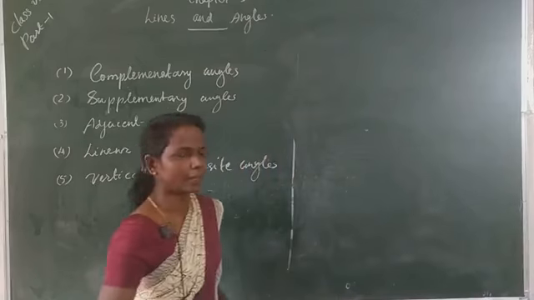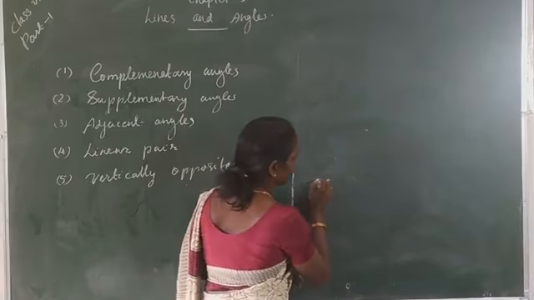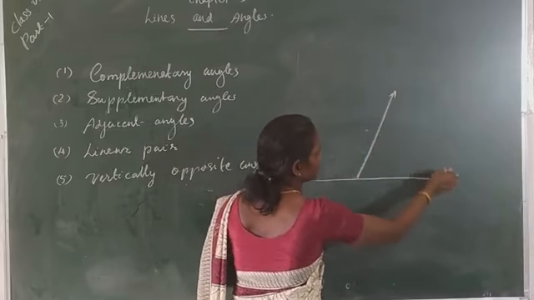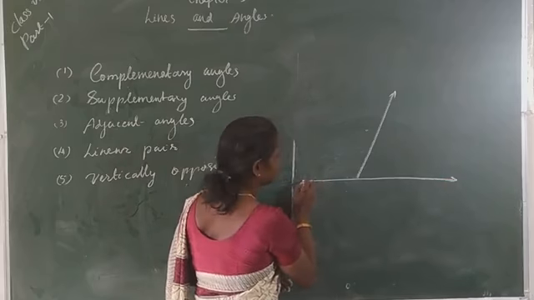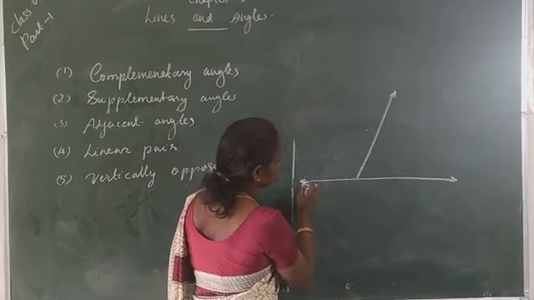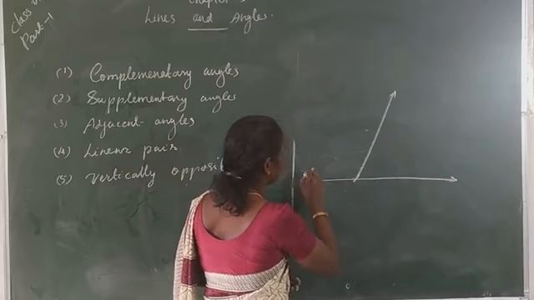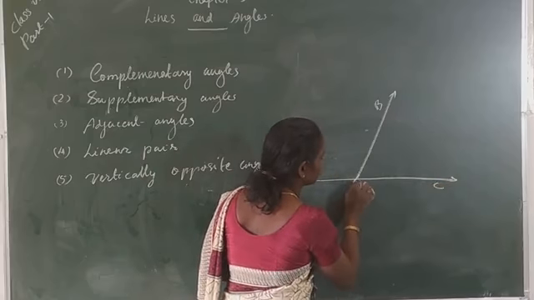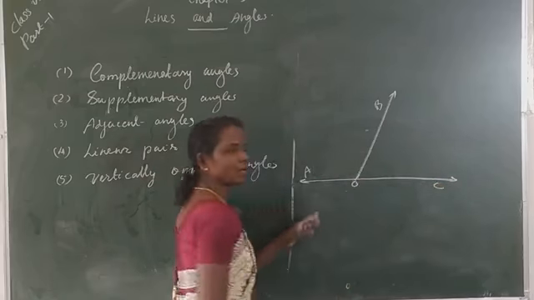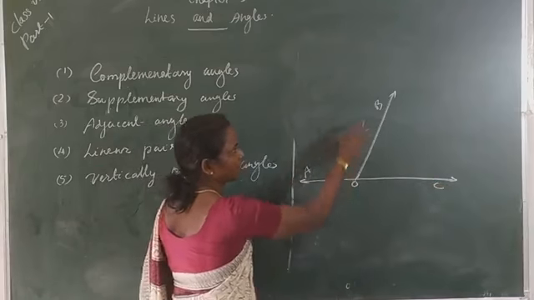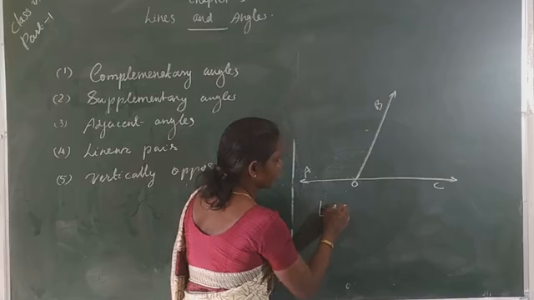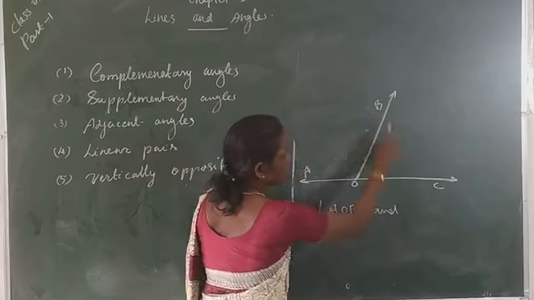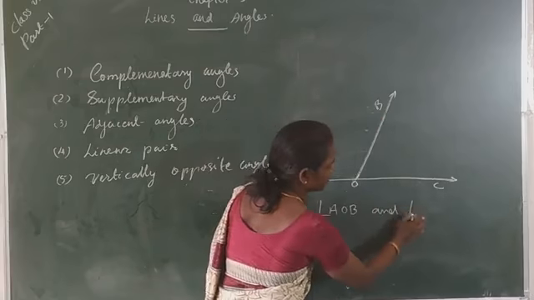What is a linear pair? For example, B, C, O. Here, how many angles, look? Angle AOB and angle BOC.